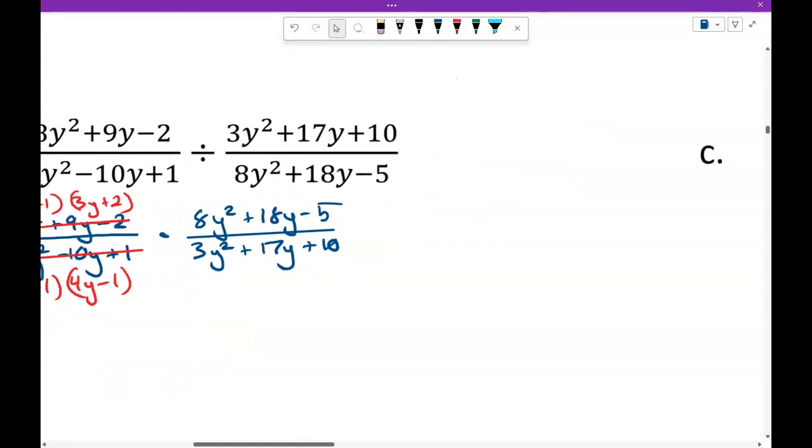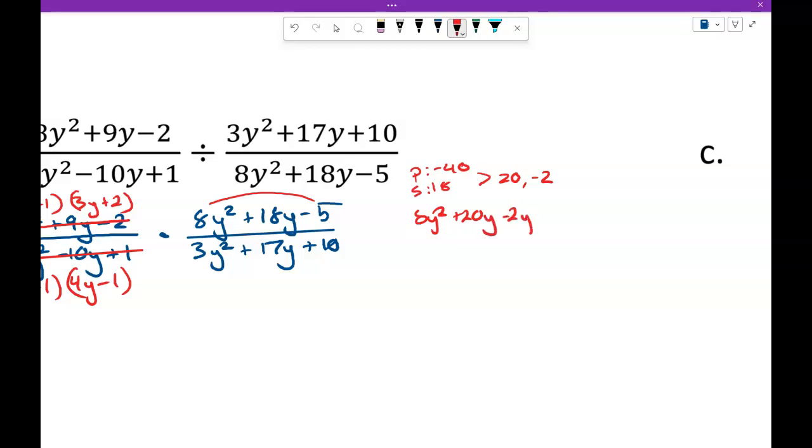Moving on to our second numerator, we're going to have a product of negative 40 and a sum of 18. So we'll use the numbers 20 and negative 2 to rewrite 8y squared plus 20y minus 2y minus 5.